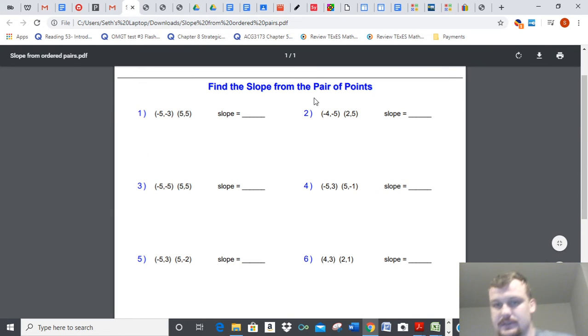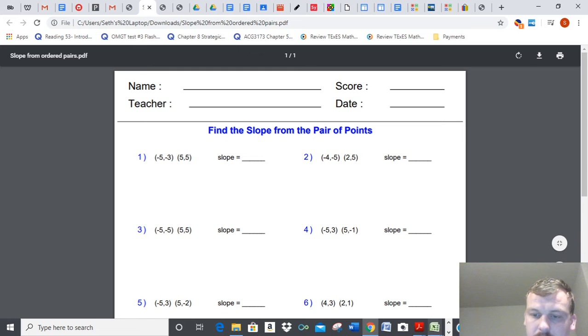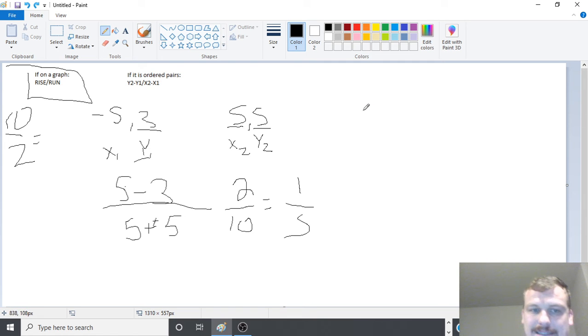So let's do this one. Let me fix my pen. 2 and 5. All right, so let's go back to Paint. For this one, we have -4, -5, and 2 and 5.